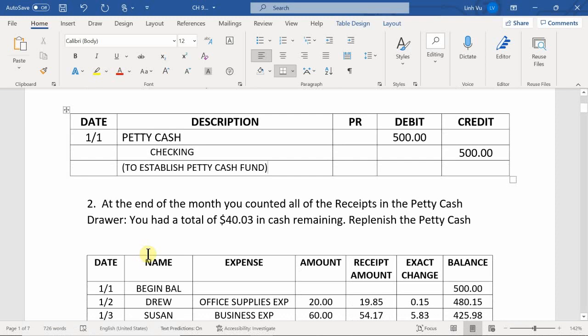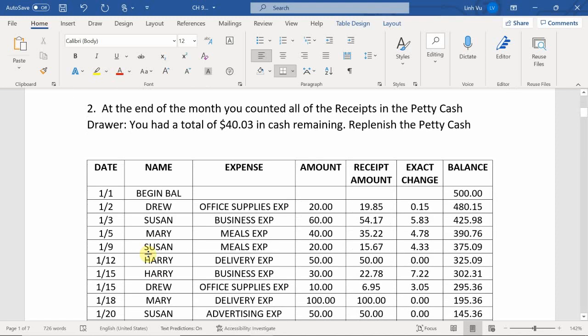So then question number 2 says, at the end of the month, you counted a total of receipts in the petty cash drawer, and you had a total of $40.03 of cash remaining in the petty cash. So let's go ahead and replenish the petty cash. So here is the petty cash drawer.